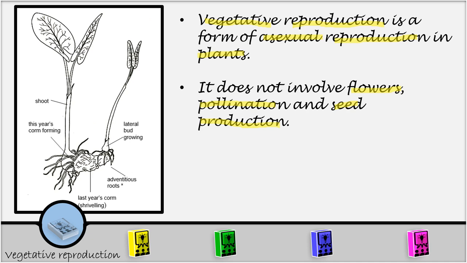Therefore, some of the plants may not have flowers. And in the flowers, of course, after pollination and fertilization, there have to be seeds. The ovules are fertilized and they will produce seeds. So vegetative propagation does not involve flowers, and there is no production of seeds.